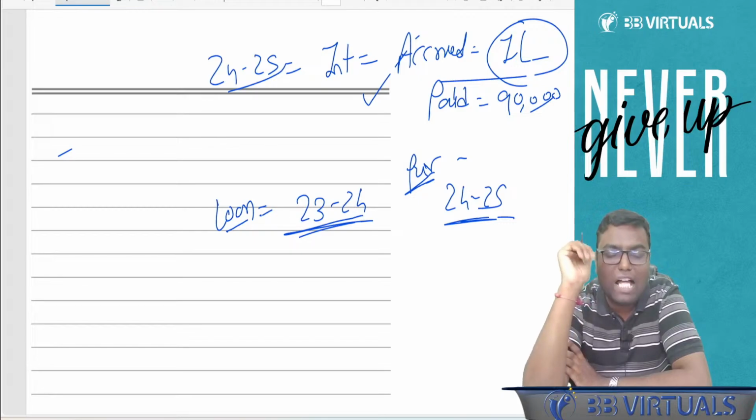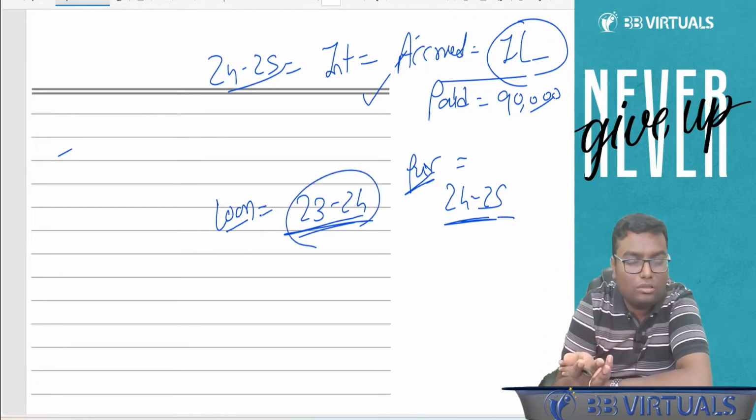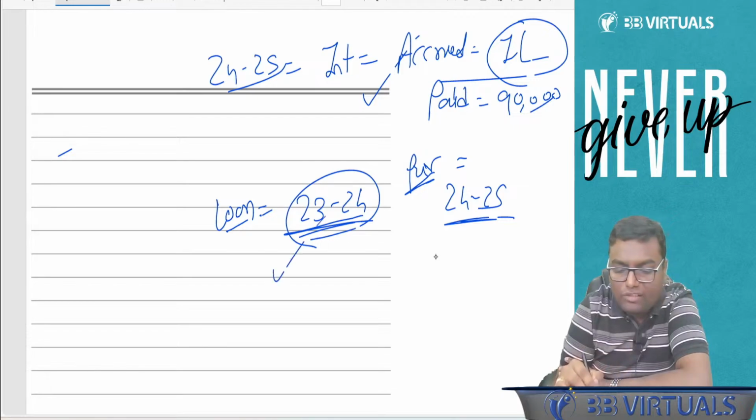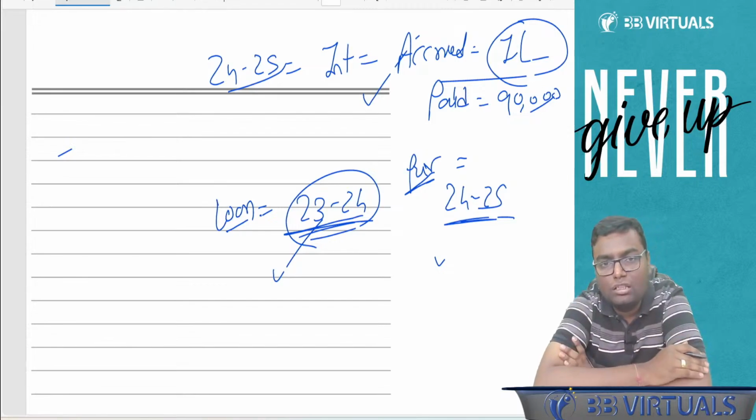Tell me, I will start repaying the loan from 23-24. So my interest will start from the year 23-24. I will pay interest in 23-24 also, 24-25 also, and further also. From which year I will get deduction of interest? Is it from 23-24 or it will be from 24-25?